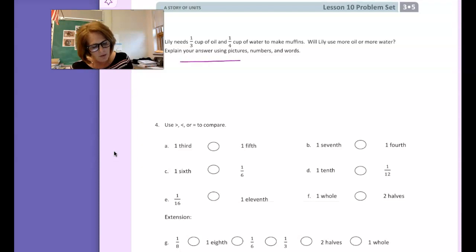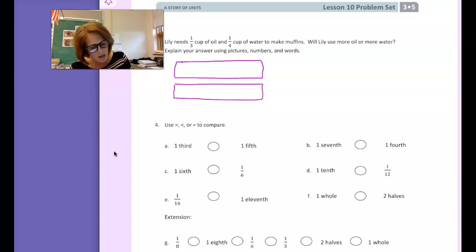So I'm going to do a rectangle like that, and I'm going to do one like this. And I'm going to label this one 1/3, and that's oil, and this is water, and that's going to be 1/4.